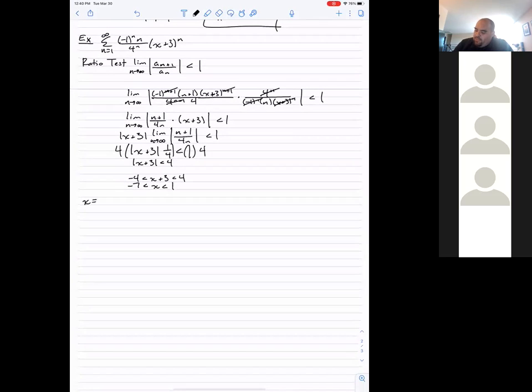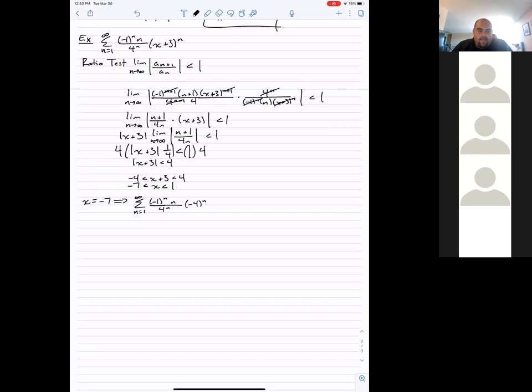So when x is equal to -7, I have this series. N from 1 to infinity of -1 to the n times n over 4 to the n times -4 to the n. So what should I do with this thing? The 4 to the n's will cancel out.